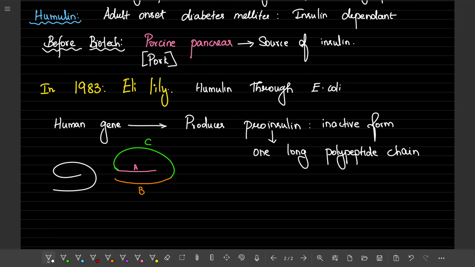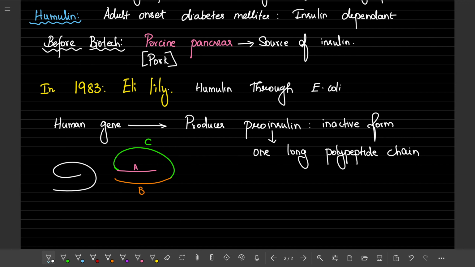Yes, so unless you break C, if you introduce this gene directly into E. coli, E. coli is going to produce proinsulin. So then what is the problem? We can remove C, right? That is the difficult part. Removal of C outside a living system that has the procedure and the enzymes to break it is not possible with E. coli.